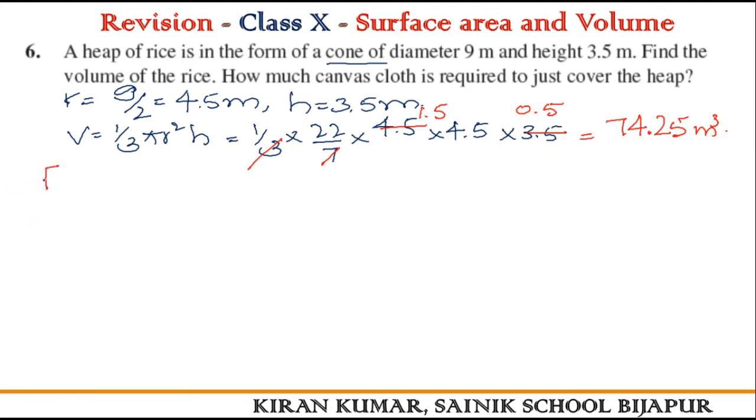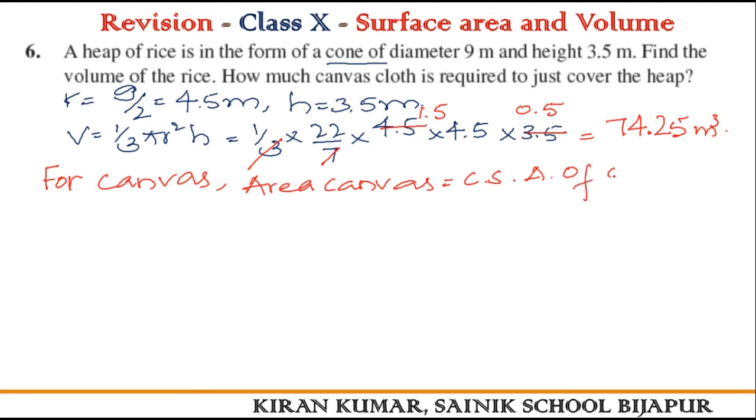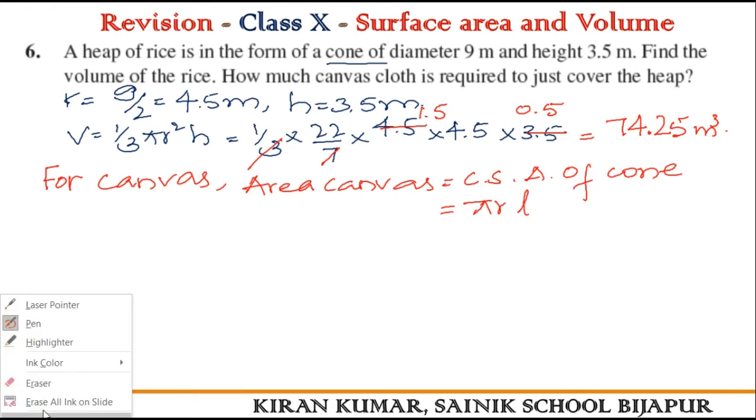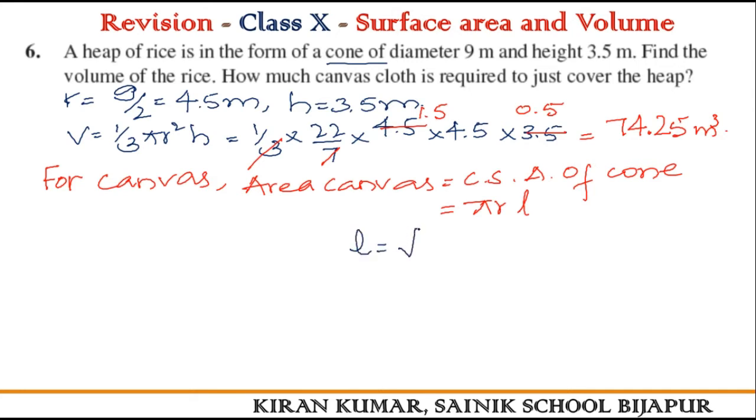Now, to find out how much canvas is required, we need surface area. The area of canvas will be equal to the curved surface area of cone, and the curved surface area of cone is given by pi r l. So we require the slant height. The slant height is given by under root r square plus h square.